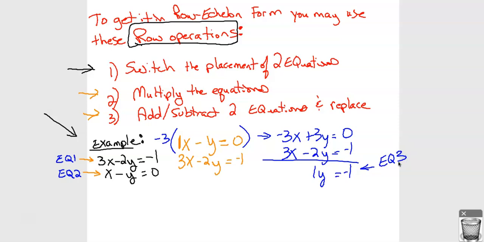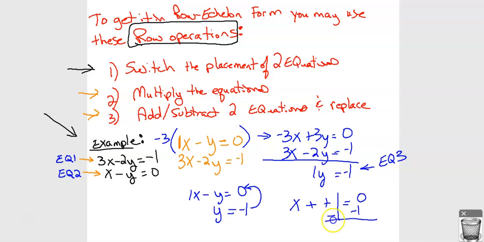If I write equation 2 first, 1x minus y equals 0, remember that's equation 2, and I write y equals negative 1, that's equation 3, I can back substitute. So now that I know y equals negative 1, I'm going to substitute it back into this. So x minus a negative 1, which means x plus 1, and then minus 1, x equals negative 1.